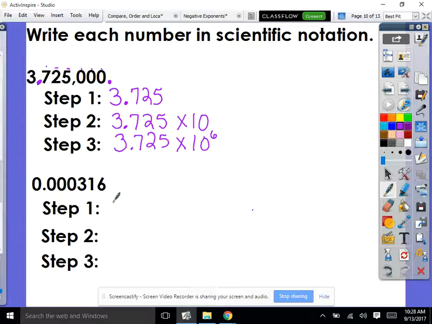With the second example, we rewrite the number with a decimal after the first natural number. So 3.16. Step 2 is always times 10. So now we end up with our decimal right there.